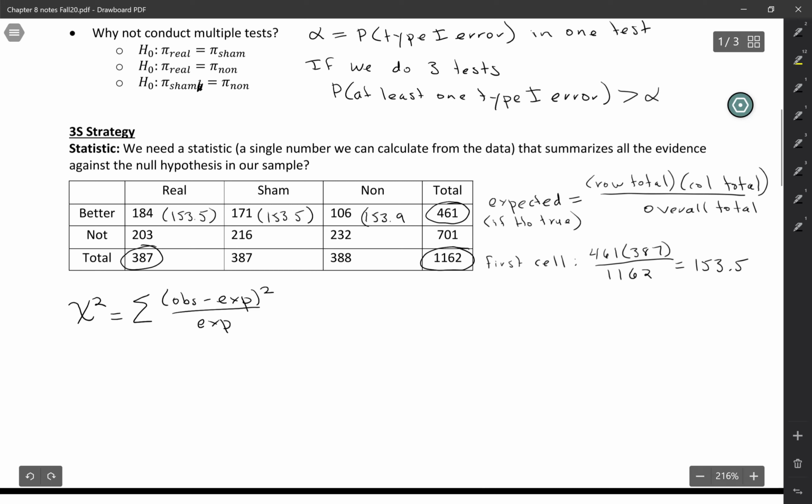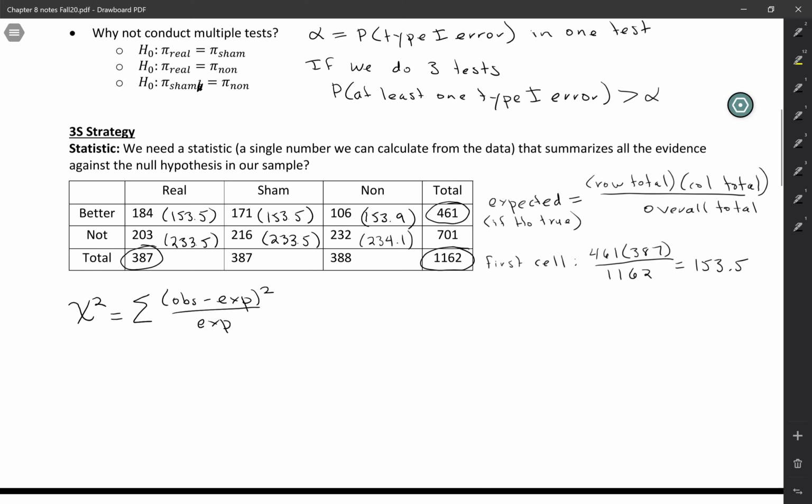And notice it's very similar to before because the sample size is very similar to before. We can subtract again to see how many we would expect to not improve. We get 233.5 in this group, and it'll be the same here, 233.5. This one is just slightly higher, 234.1.